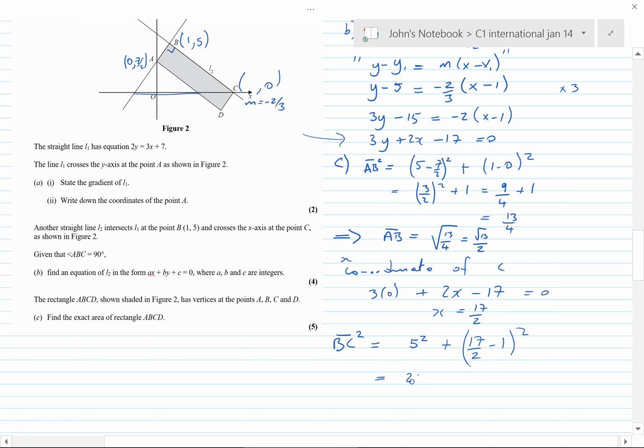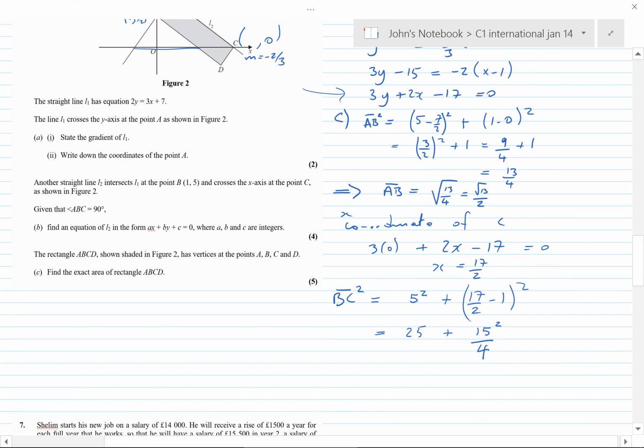So that's equal to 25 plus 15 squared over, which will be over 4 when I square it out.